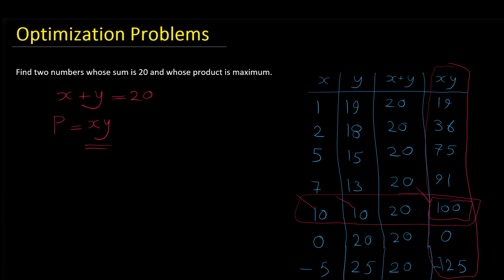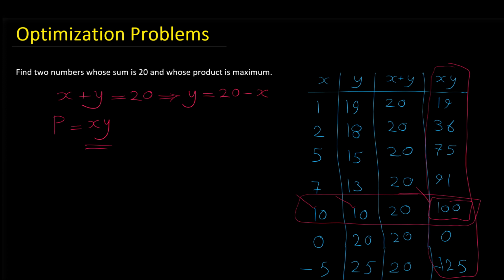To do so, we can use our constraint. We know that x and y, the two numbers, are related by this equation: x plus y is 20. So we can use this relation to find one of the variables in terms of the other one. For example, if we keep y on the left side of the equation and we move x to the other side, y is 20 minus x.